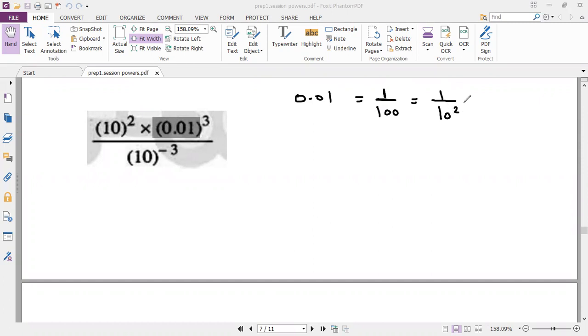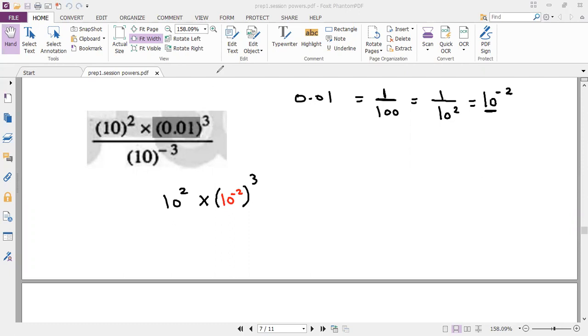And 1 over 10 to the power of 2 is going to be 10 to the power of negative 2. Why? I did write it as 10 to the power of negative 2 to make the bases the same. So we have 10 to the power of 2 multiplied by, instead of 0.01, we can write it as 10 to the power of negative 2. And don't forget, all raised to the power of 3.